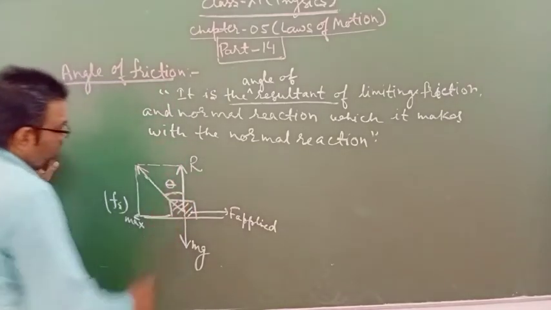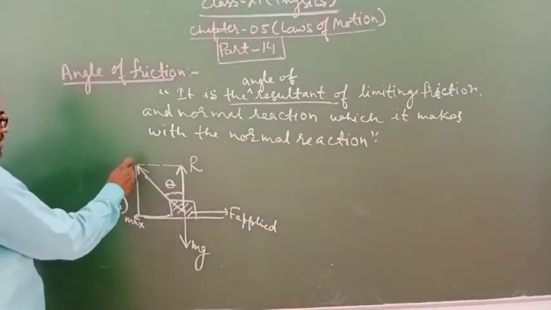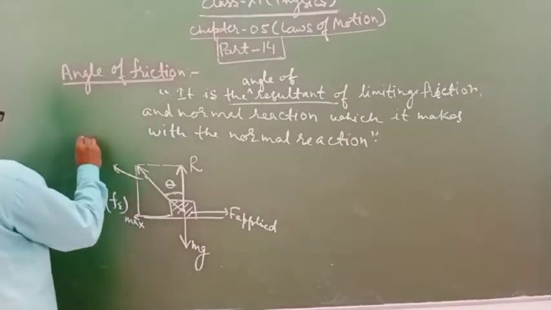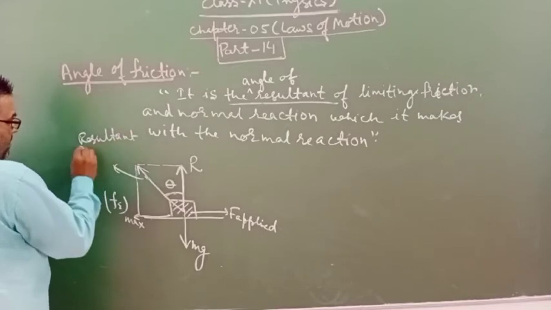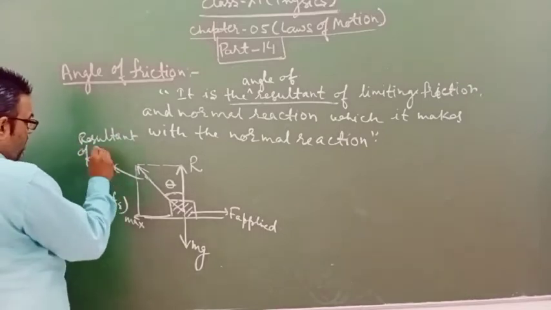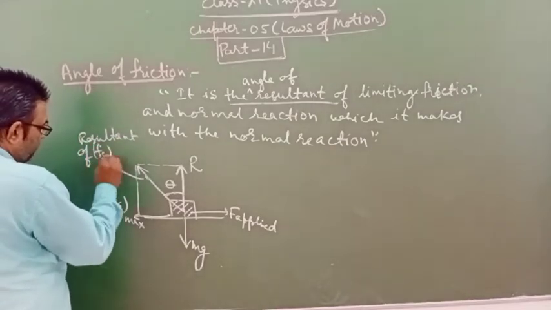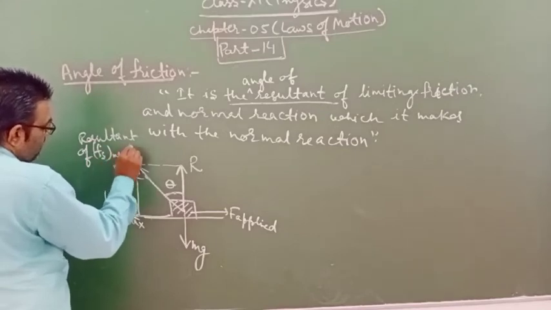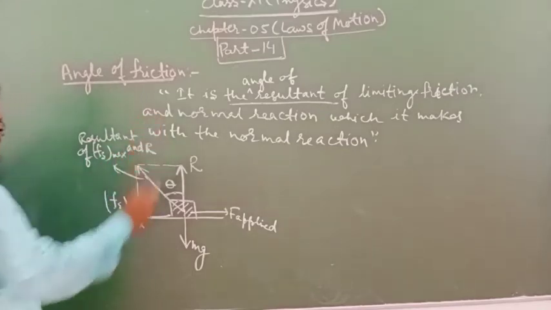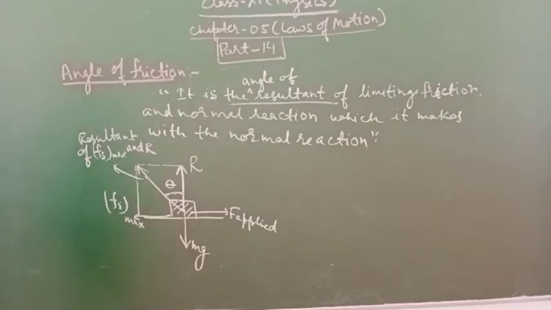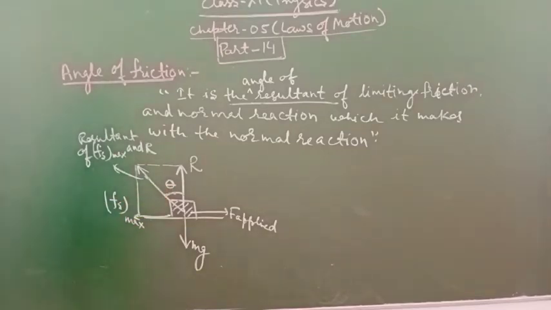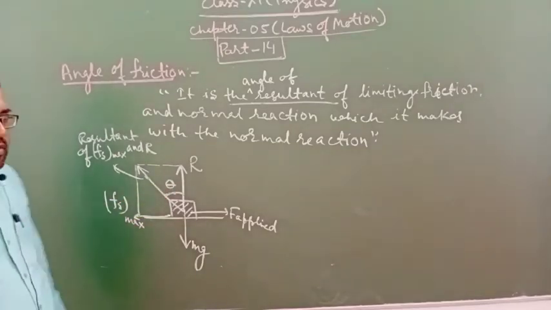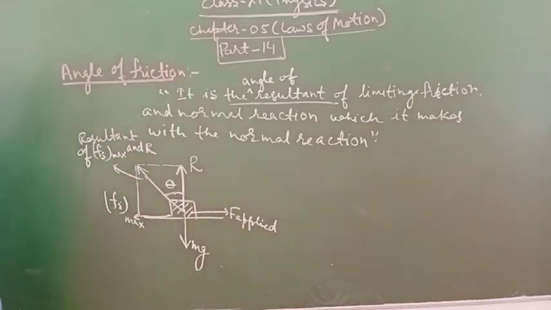This is the resultant of Fs max and R, and the angle it makes with the normal reaction is called the angle of friction, theta. Now we are interested to find out the angle of friction.